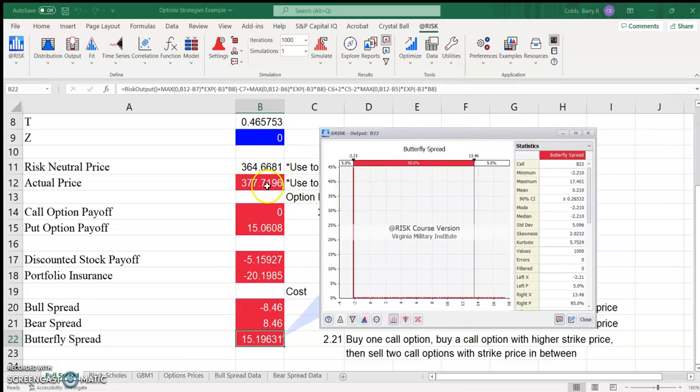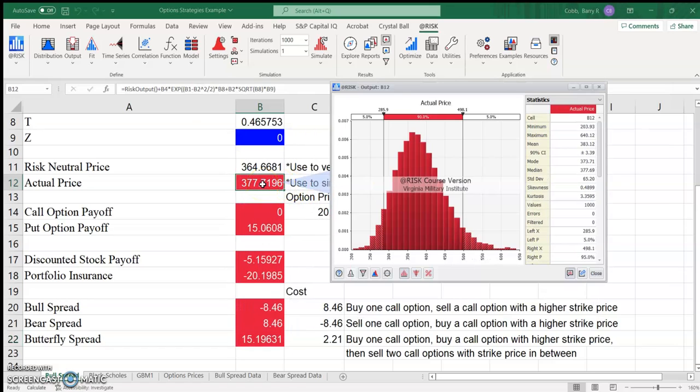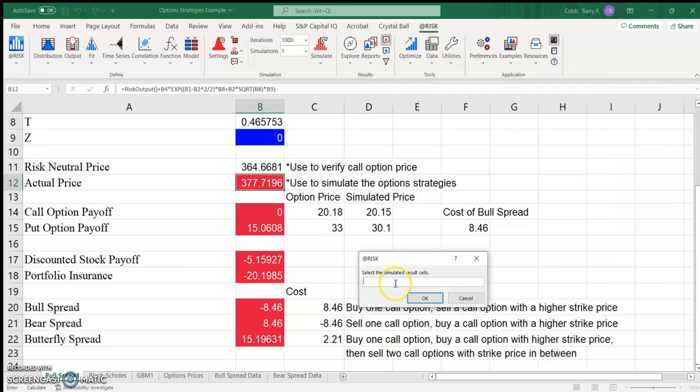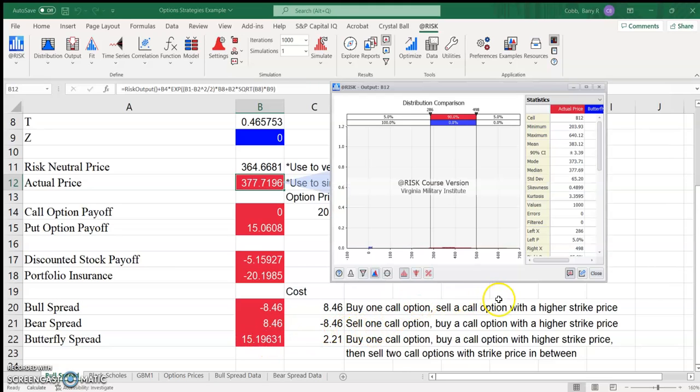So let's create an overlay. We'll go into the actual price output here and create an overlay. And so we'll go down here and add an overlay. And the overlay is going to have the actual price and a comma and the butterfly spread. Okay, so that's what the overlay looks like.